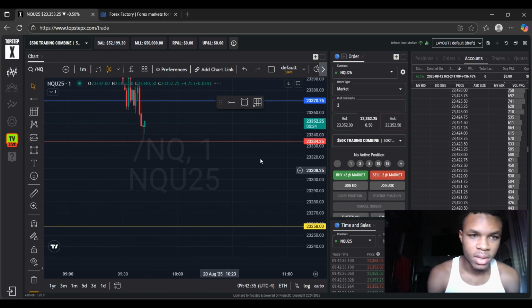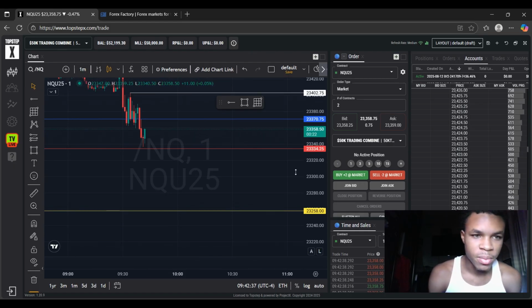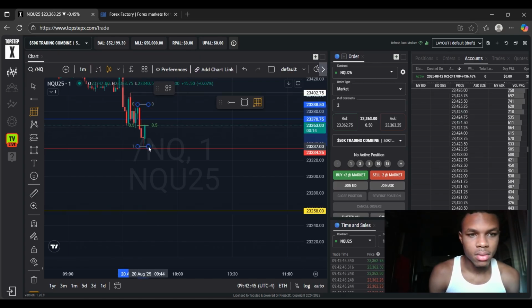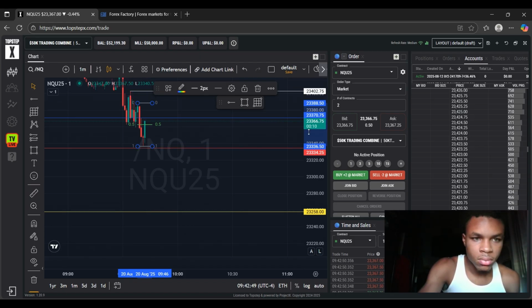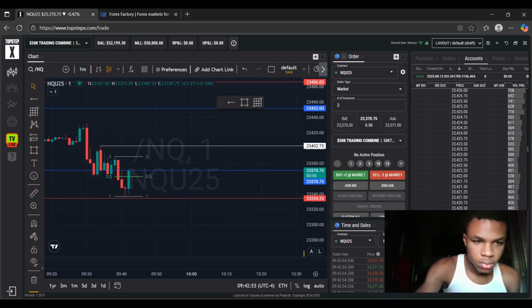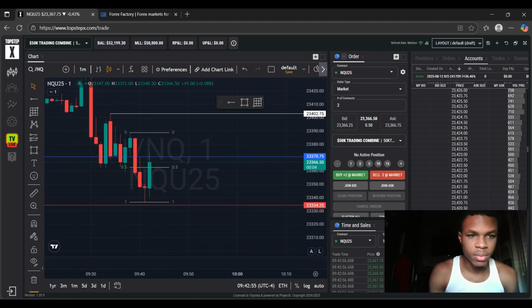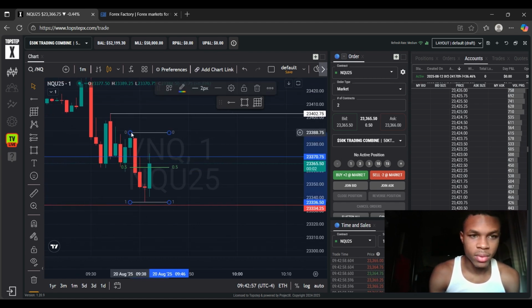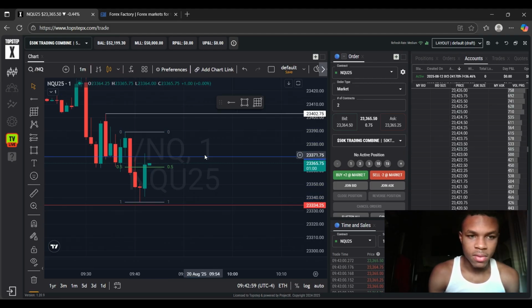Let's check the 1 minute because this might be giving us an entry to Asia lows. Wait, that one's too high. It'll be this high to this low. All right, we're in equilibrium. Equilibrium is the only confluence we have with this though, so that's very risky.